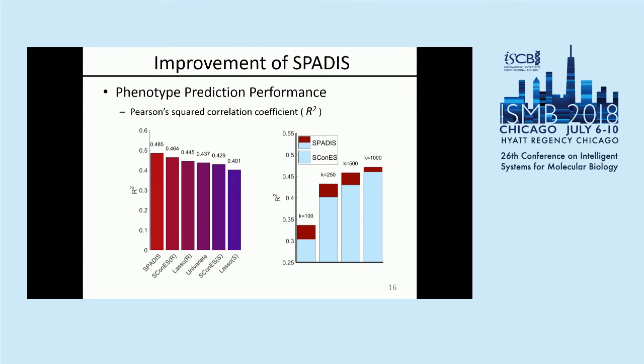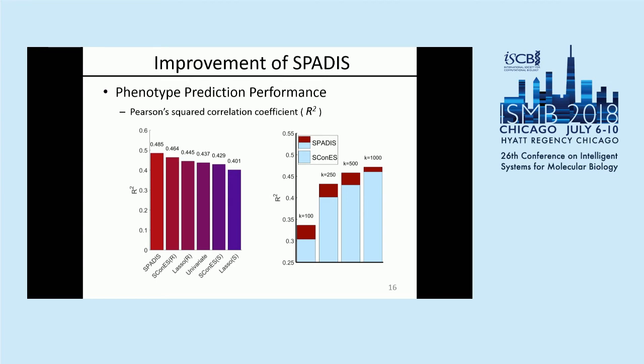We first evaluate the performance of SPADIS in phenotype prediction by looking at Pearson's squared correlation coefficient, which corresponds to the variance explained in the phenotype. On the figure on the left side, we compare SPADIS with SCONES and also some other baseline methods. The values here are averages of all 17 phenotypes and all 4 networks. The best performing method here is SPADIS, followed by SCONES.